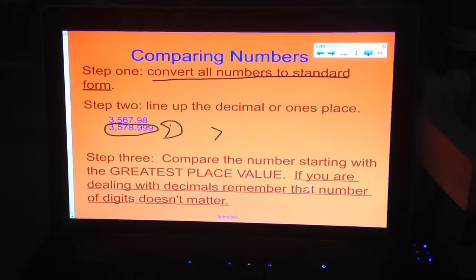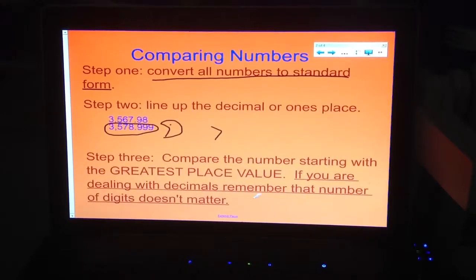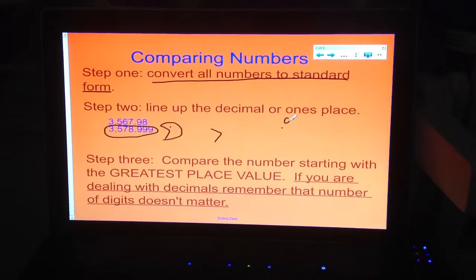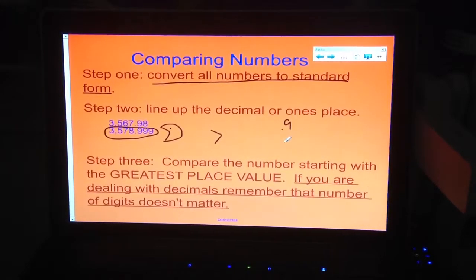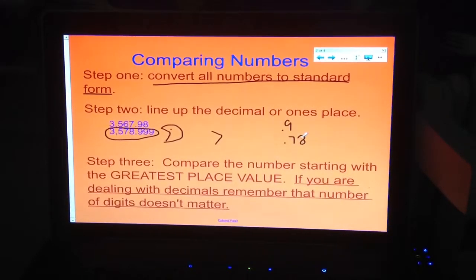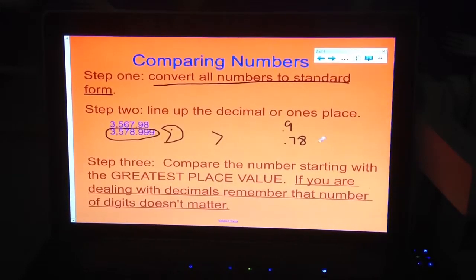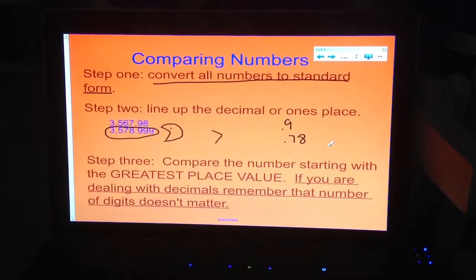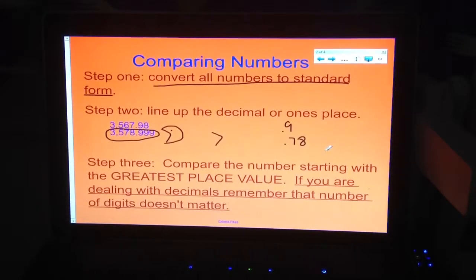Another thing to remember is if you're dealing with decimals, the number of digits doesn't matter. Let me show you an example of that. So I might have 9 tenths, and I might have 78 hundredths. Okay? Many kids, their inclination will be to look at that and say, oh, 78 hundredths, that has more digits. It's bigger.